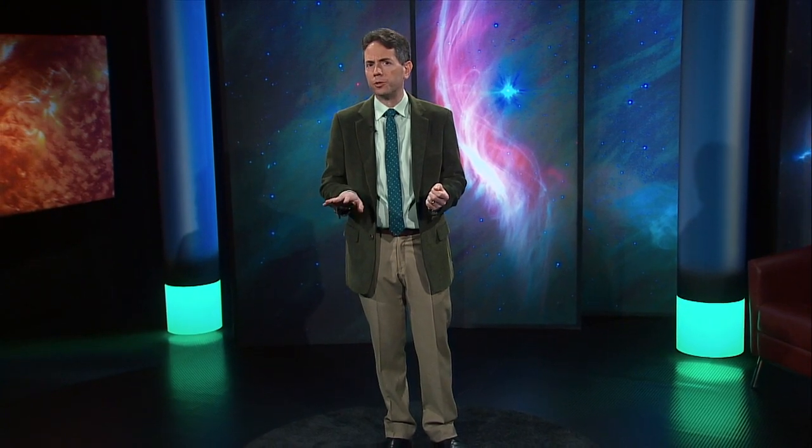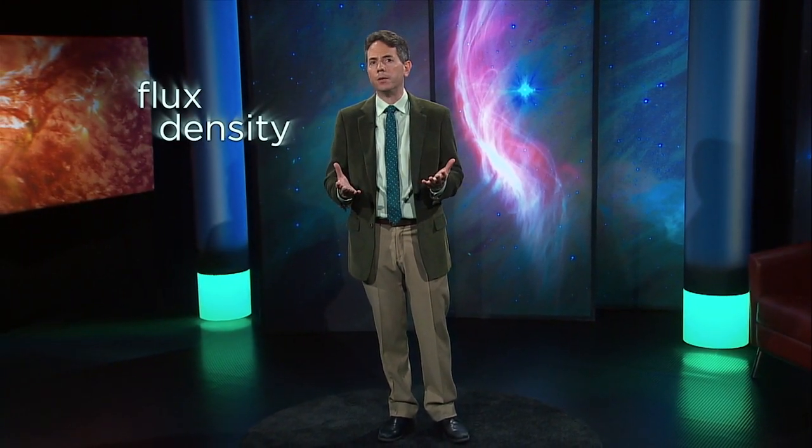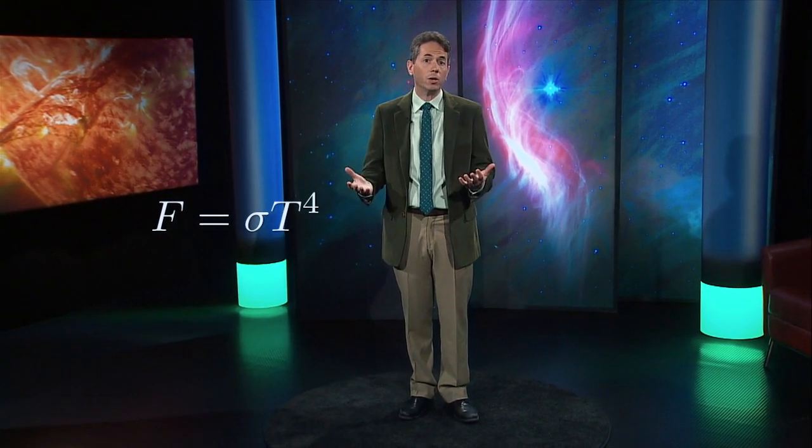I drew these probability curves to allow a direct comparison with the Maxwell-Boltzmann distribution. But the Planck spectrum is usually expressed differently, not as the number of photons per unit wavelength, but rather as the flux per unit wavelength, the so-called flux density. If we pop a tiny hole in the box, the total flux that leaks out is sigma T to the fourth, as we said earlier.